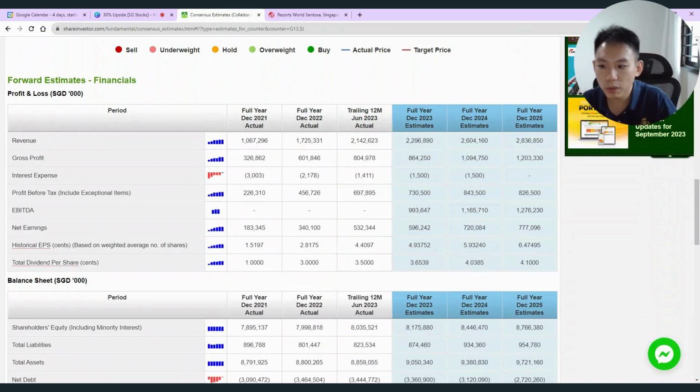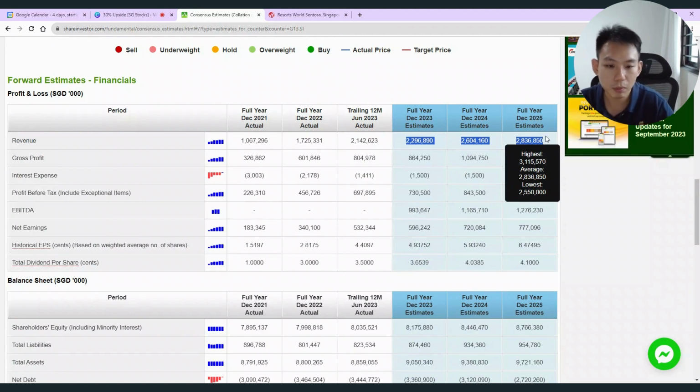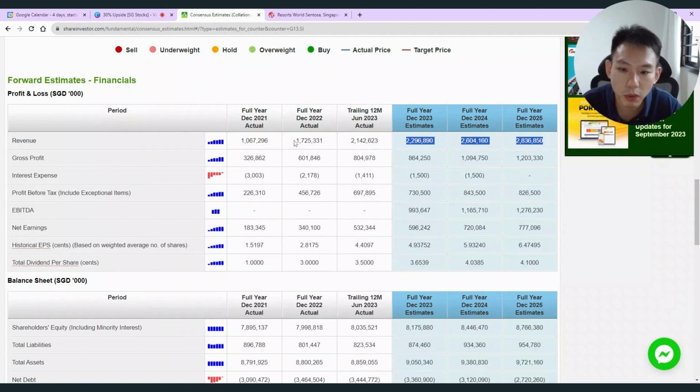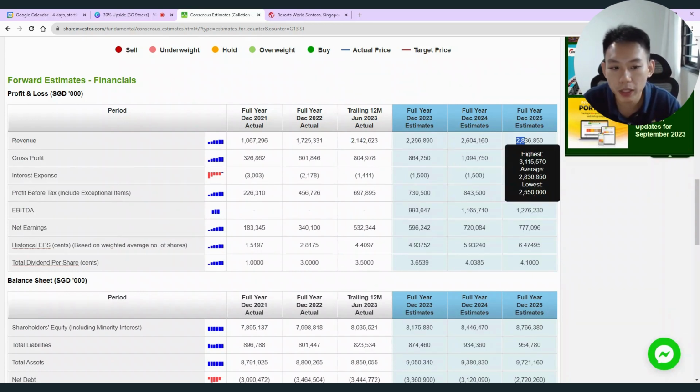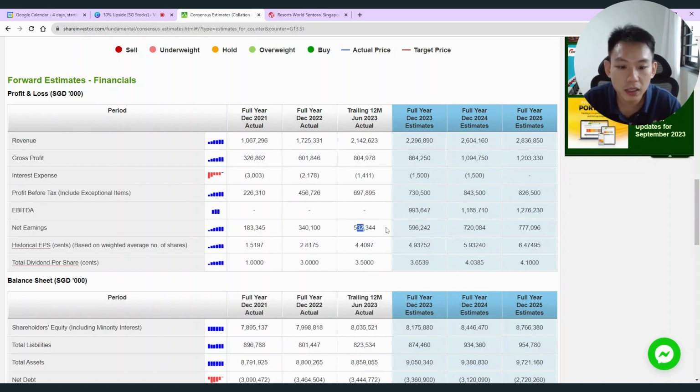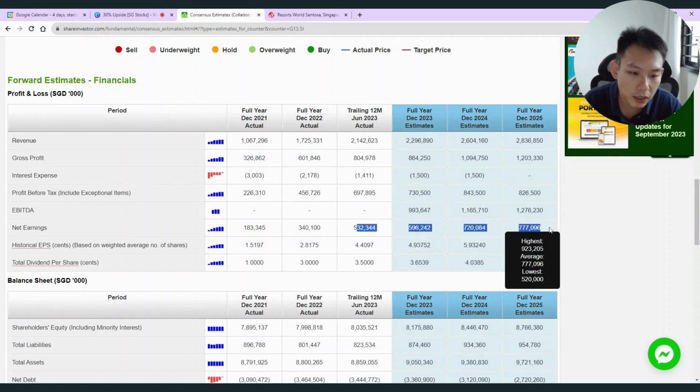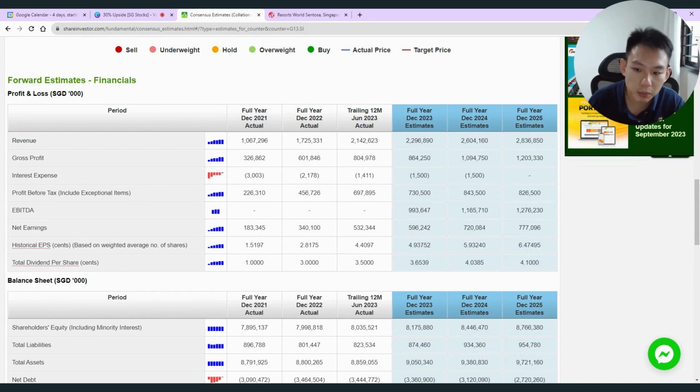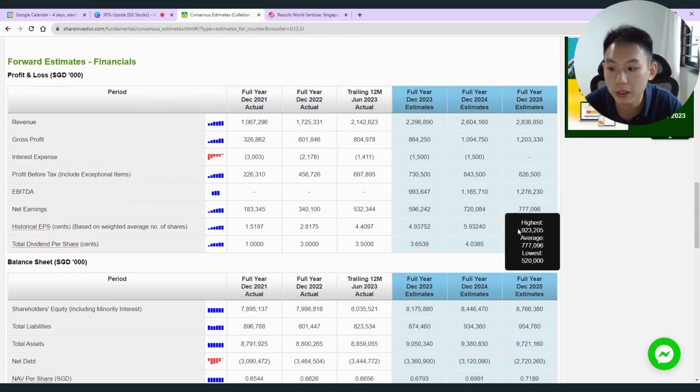So going forward, I believe it will be quite exciting for Genting Singapore, as depicted by the analysts here, that the revenue will increase from around 2.1 billion to 2.8 billion in 2025. Net earnings will also grow steadily from 500 plus million to 700 plus million.